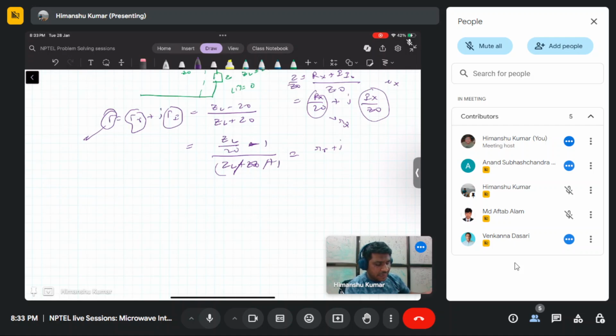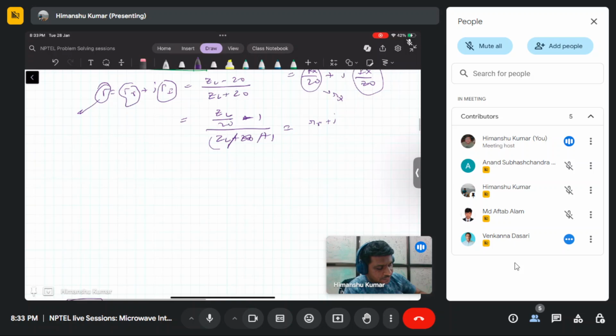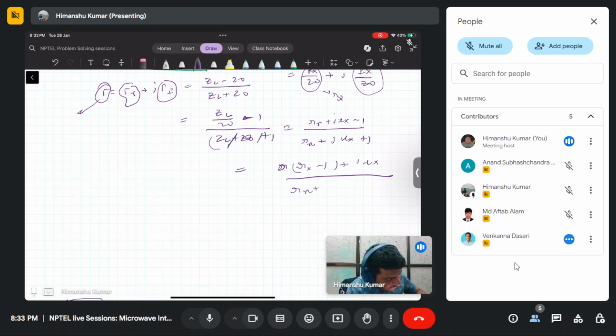That is your fundamental relation, right? So now I just normalize it, and I write rx plus j times ix minus 1 divided by rx plus j times ix plus 1, right? So this I can write as rx minus 1 plus j times ix divided by rx plus 1 plus j times ix.